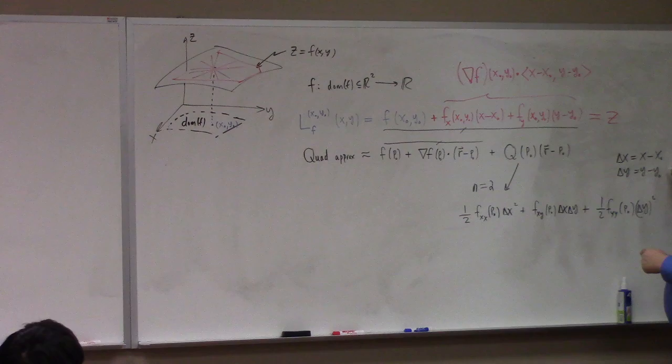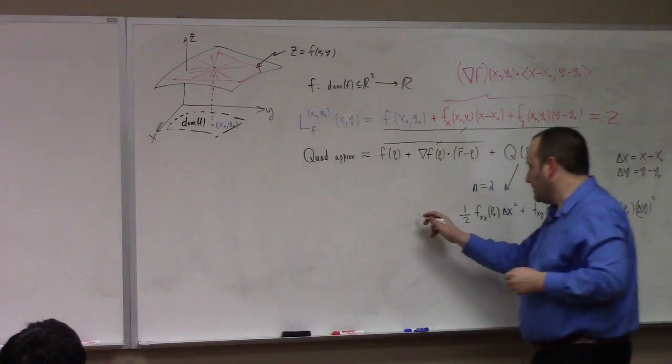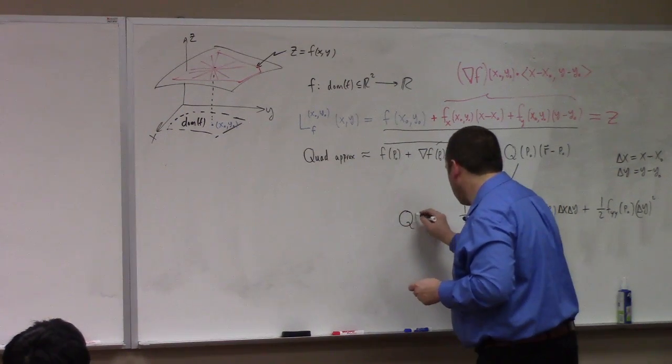So the next term up here is this thing. This is the Q, the so-called Hessian.